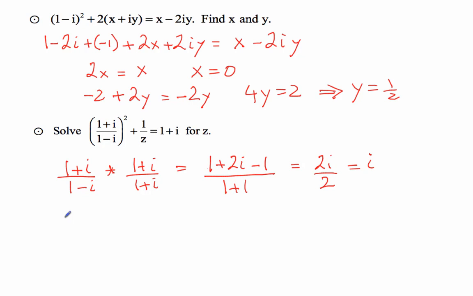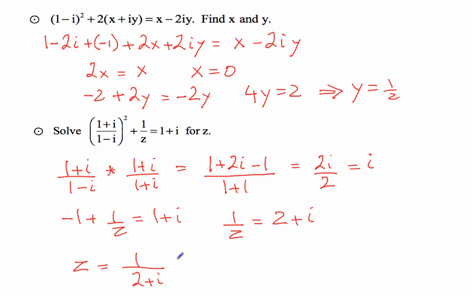When you square it, you'll get minus 1, plus 1 over z equals 1 plus i. And certainly that's easily solved. 1 over z then is equal to 2 plus i. And so z is 1 over 2 plus i. And now let's get that into the standard form by writing this as 2 minus i and dividing by 2 minus i as well.